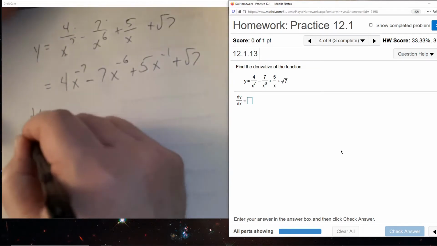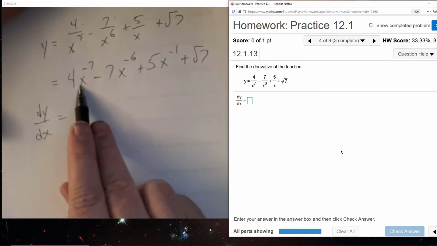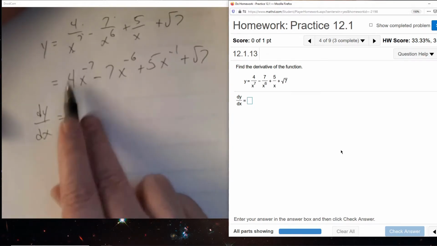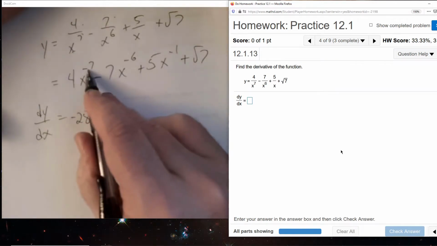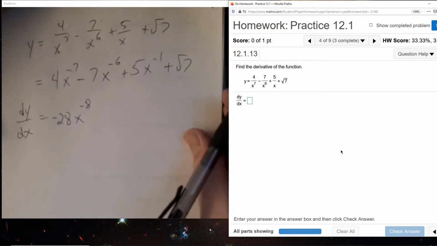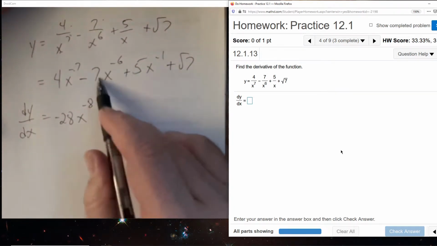So when we take this derivative, we're going to do a power function here. So minus 7 drops down. So minus 7 times 4. Subtract 1 from the exponent. Go to the next term. The minus 6 will drop down.